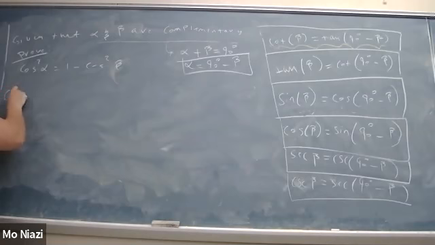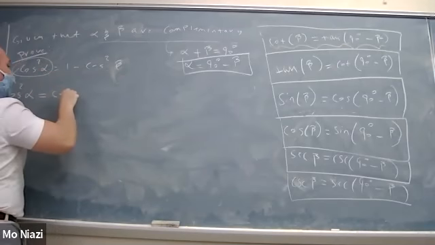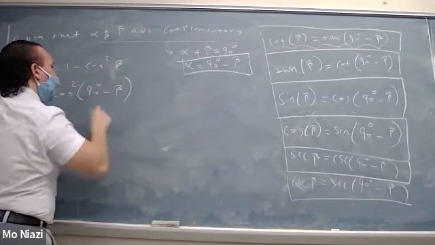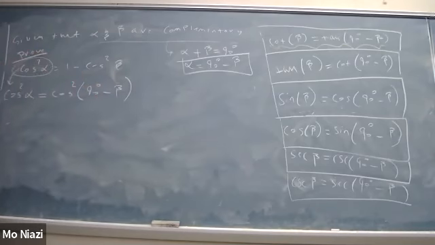So cosine squared alpha, we're going to start with this, and we're going to work towards this, 1 minus cosine squared beta. So cosine squared alpha is the same thing as cosine squared of 90 degrees minus beta, is it not?